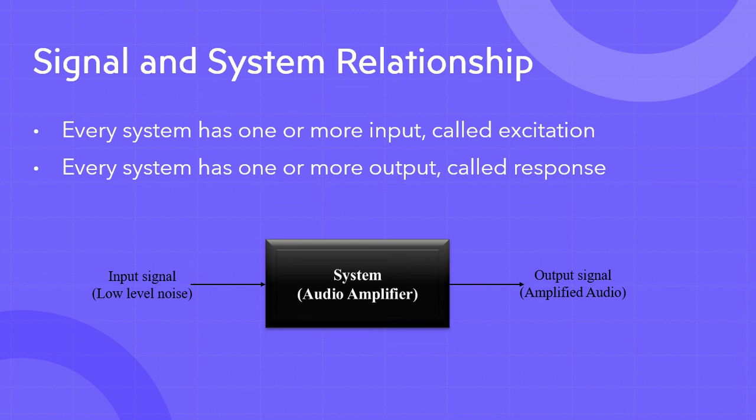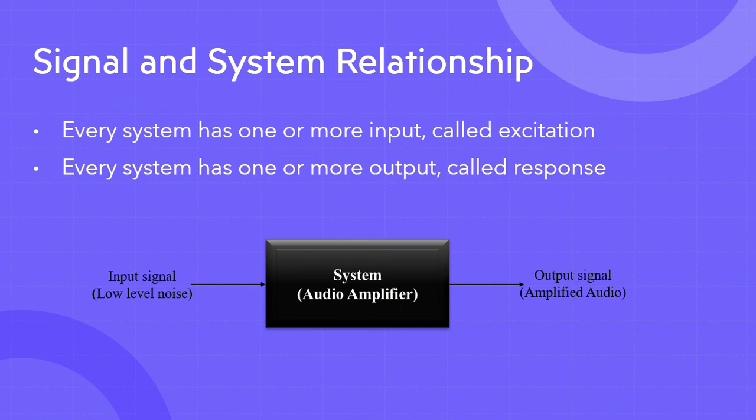Every single system that exists has either one or more inputs, and those inputs are called excitation. Similarly, every system has either one or more outputs, and we call that output the response. If you have studied control system theory, you would be familiar with these terms, excitation and response.